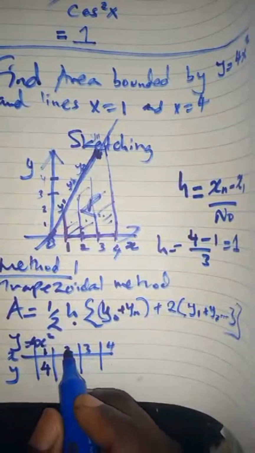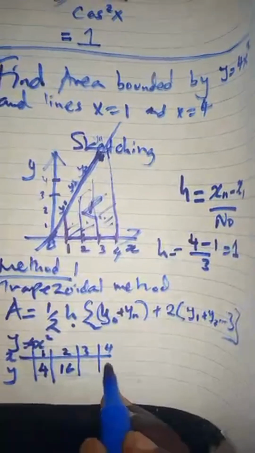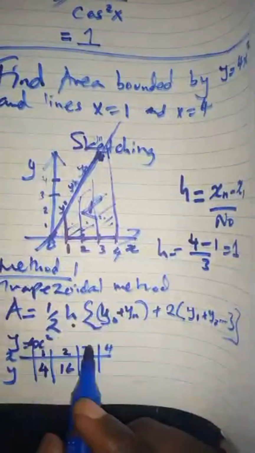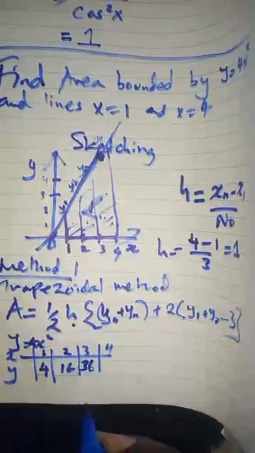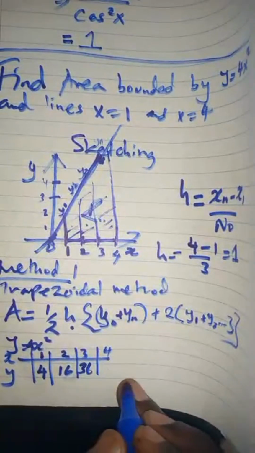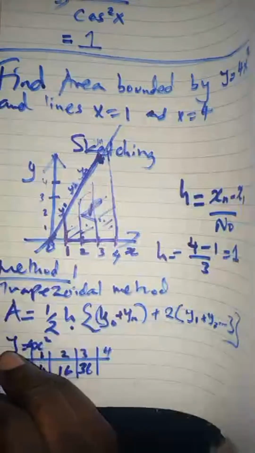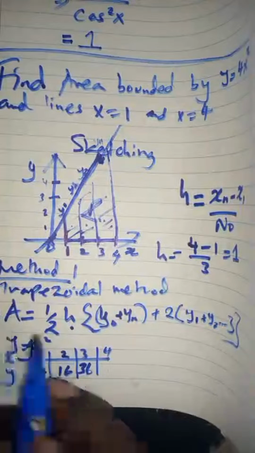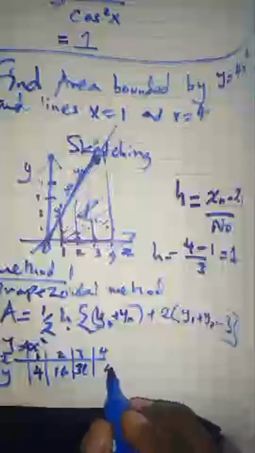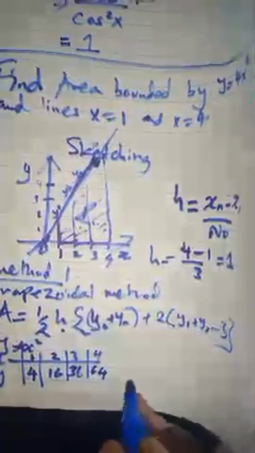X is 2, y is 16. X is 3, that is 3 squared is 9, 9 times 4 is 36. And when x is 4, that is 4 squared is 16, 16 times 4 is 64.